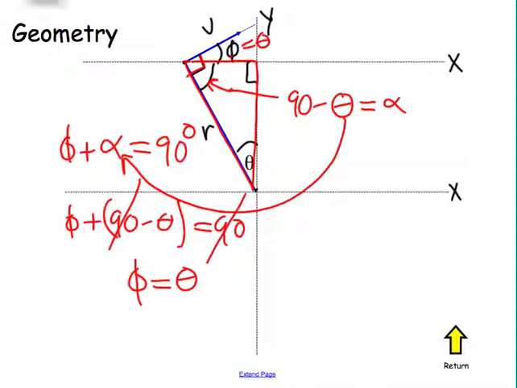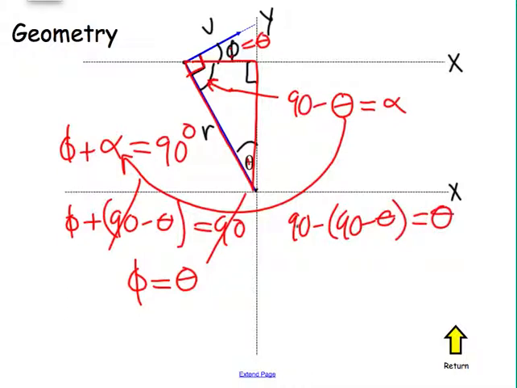I could also argue, using the same reasoning, that this right here is the complement of theta, and this is the complement of theta, and the complement of theta is theta.